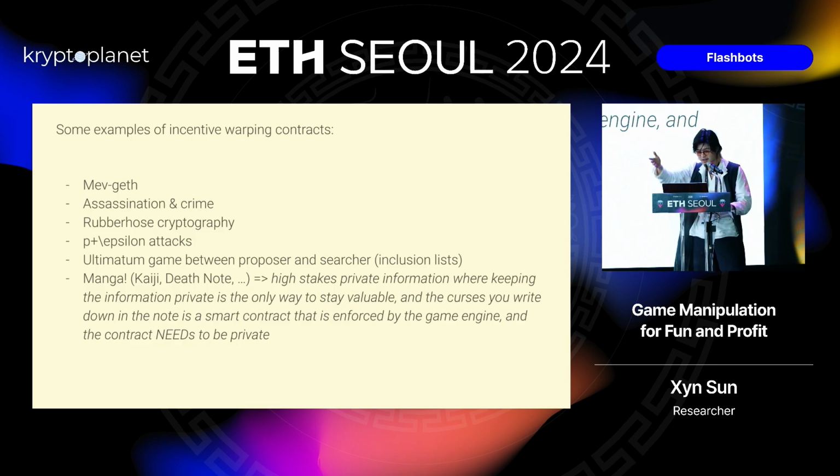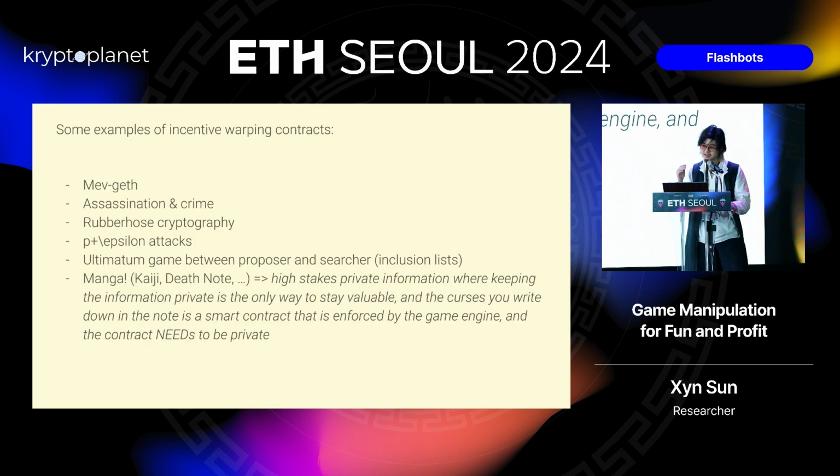Because in that scenario, you have a high stakes situation where keeping the information private really is the only way for you, the player in the game, to stay valuable. And the curses that you write down, in the Death Note case, the person's name that you write down in the note, is essentially a smart contract that is enforced by the game engine. In the manga, it would be the hell or the angels or the devils.